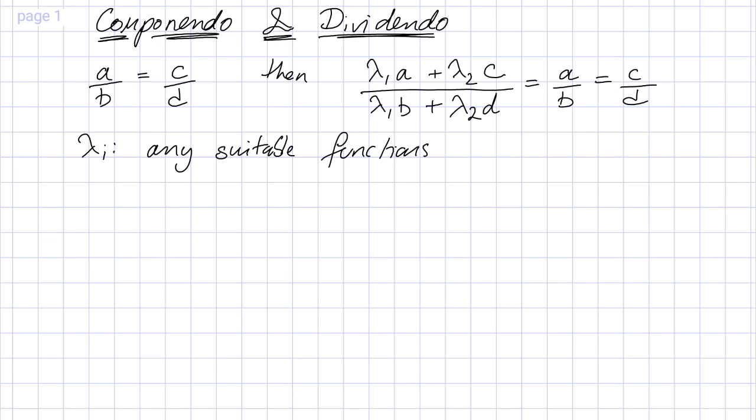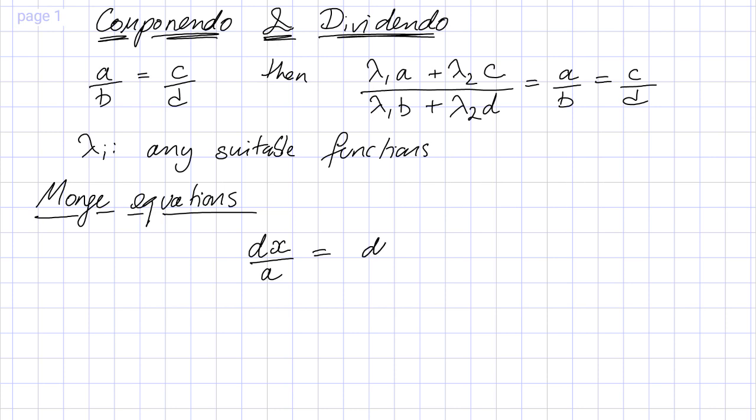Okay, so let's think about our Monge equations. And we're going to write these down in the following form. So dx divided by a is equal to dy by b is equal to du divided by c.